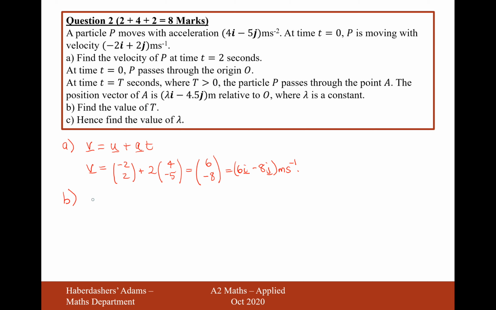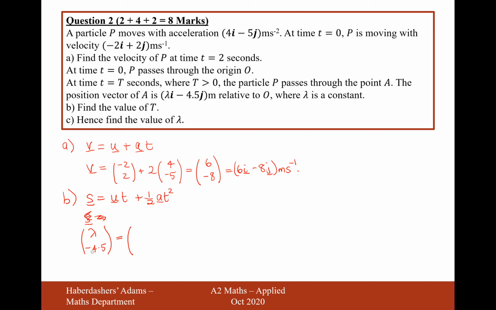Well, in this case we want to use a different suvat formula, s equals ut plus half at squared. We know s is going to be lambda i minus 4.5j relative to O, and it passes through O at time t equals 0, so we don't have any initial position, it's just 0.